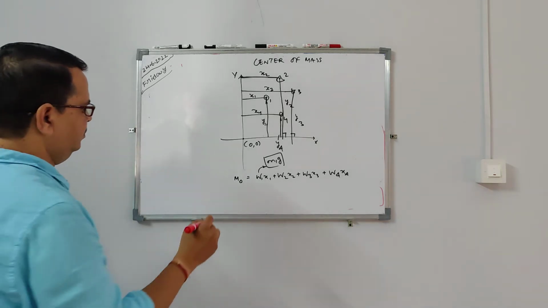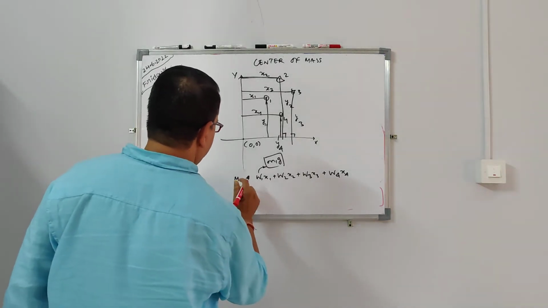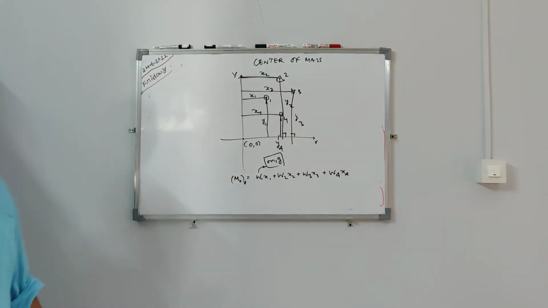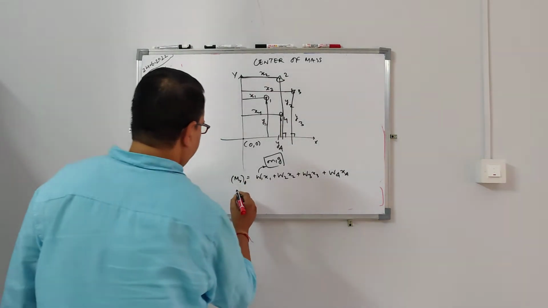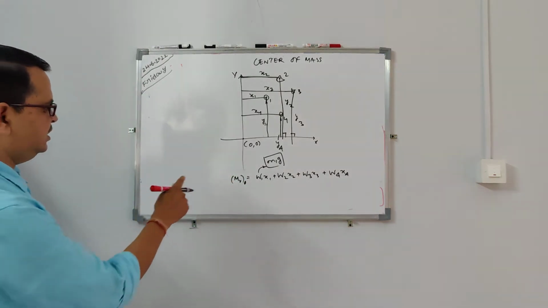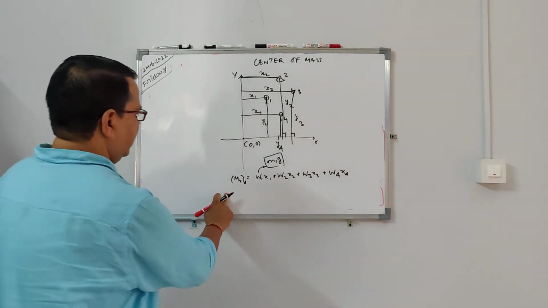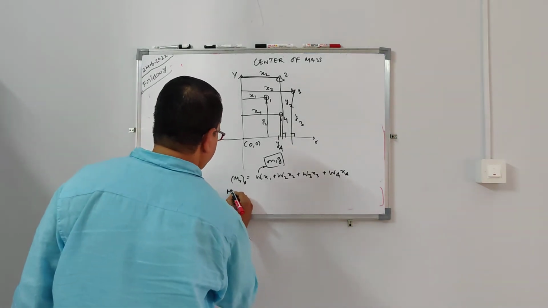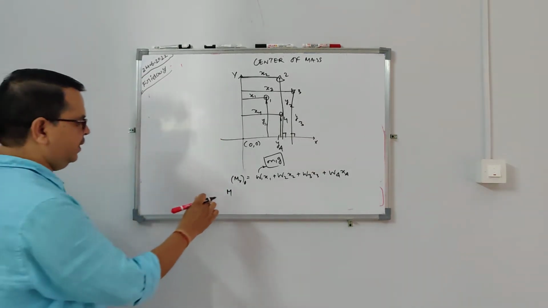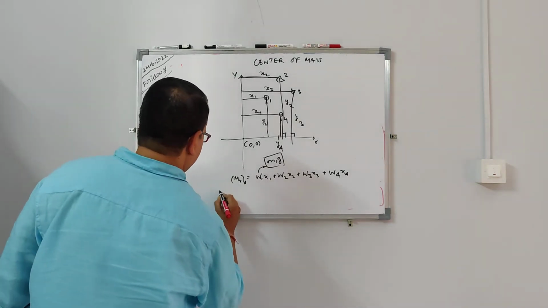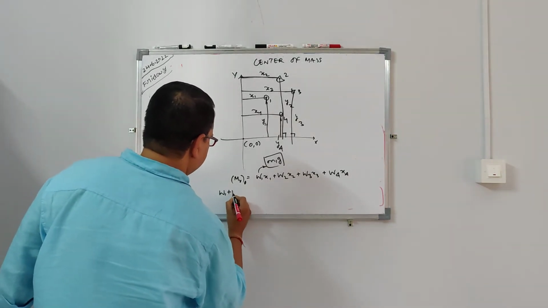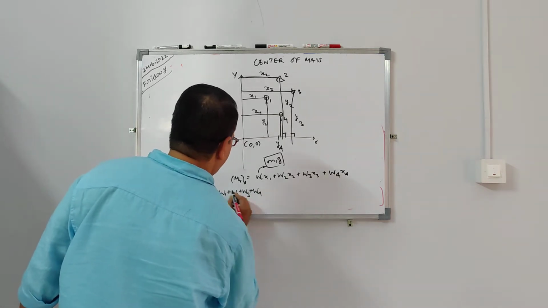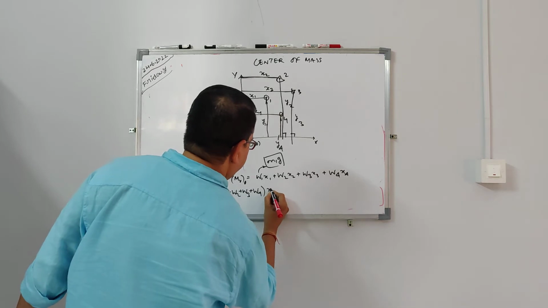Like that, I can write this about the origin. Otherwise, I can write it as the effective mass, or rather the effective weight, W1 plus W2 plus W3 plus W4 into the xCg.